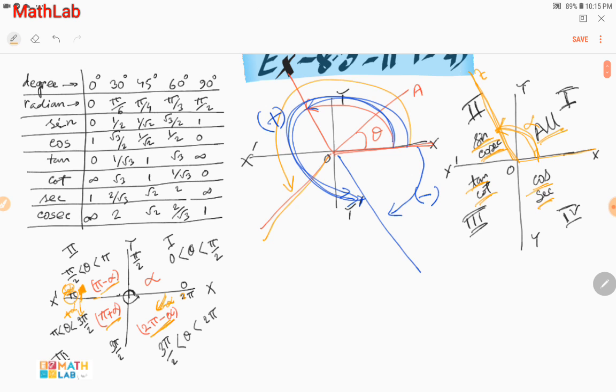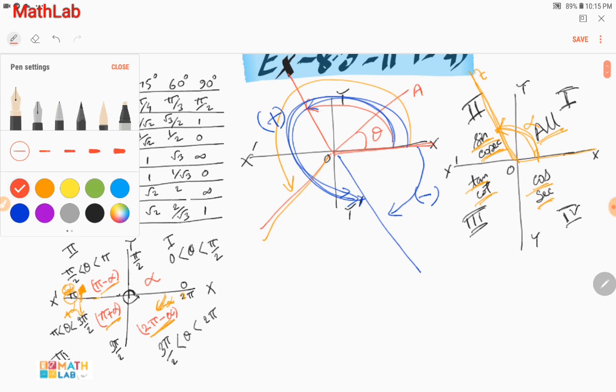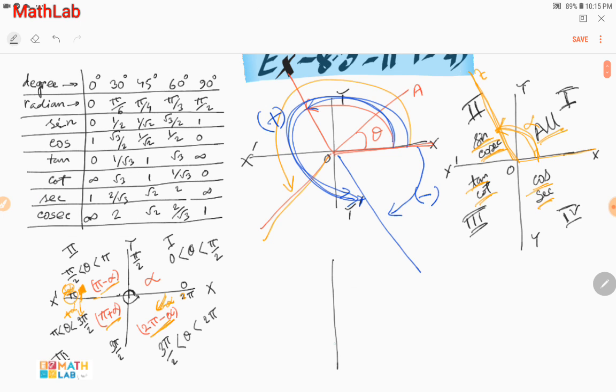Okay, so our summary from these two figures is this: XOX prime, YOY prime. For the first quadrant your condition is the angle from 0 to pi by 2. For the second quadrant, the condition will be pi by 2 to pi.